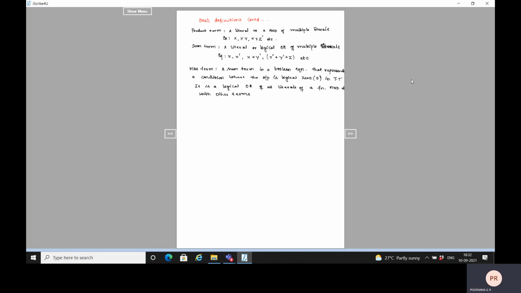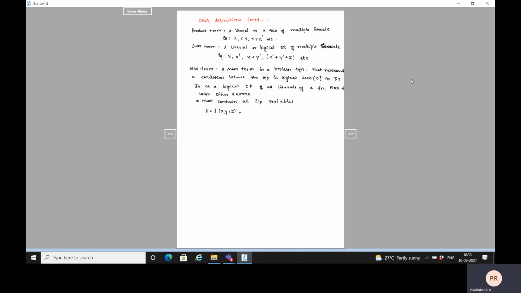Another point that you should remember is that any max term, when it is considered, must contain all the input variables which are defining the function. For example, suppose f is a function of three variables x, y, z.